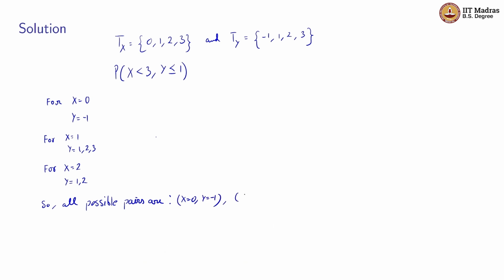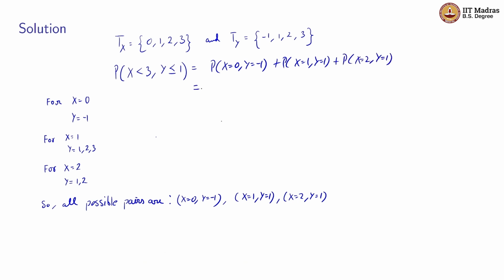The second pair is X equal to 1, Y equal to 1. And the third pair is X equal to 2, Y equal to 1. So now the required probability will be equal to the joint probability X equal to 0, Y equal to minus 1, plus the joint probability X equal to 1, Y equal to 1, plus the joint probability X equal to 2, Y equal to 1.